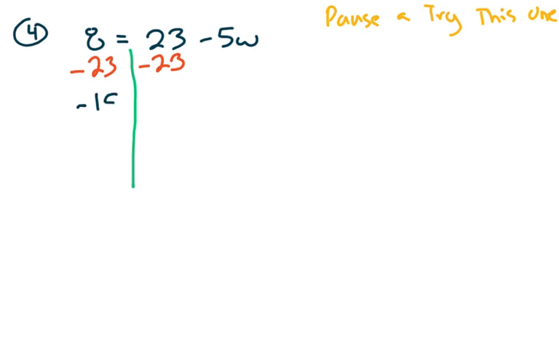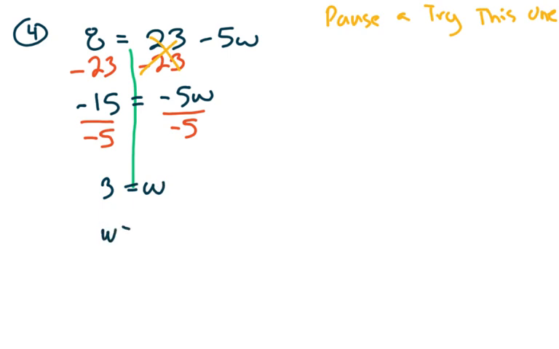So this will give us -15 equals -5W, because the -23's cancel out. And then I'm going to divide each side by -5 to get the -5 away from the W. So we get positive 3 equals W, which is the same thing as saying W equals 3.